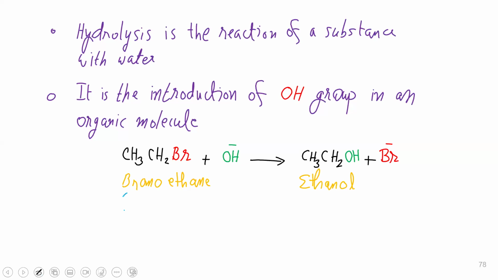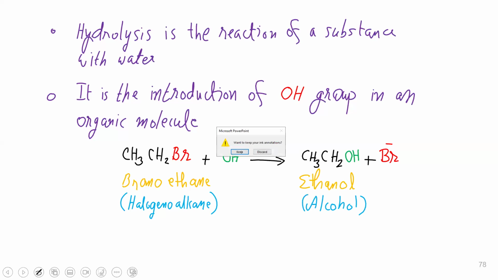Bromoethane is called a halogenoalkane and this is an alcohol. So this is called hydrolysis. Can you define back for me what is hydrolysis? But where is the water here?